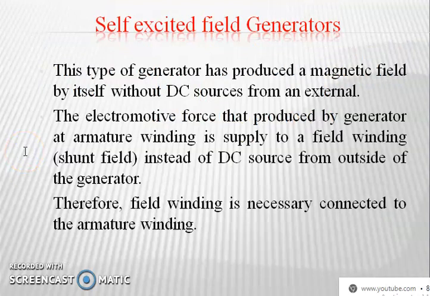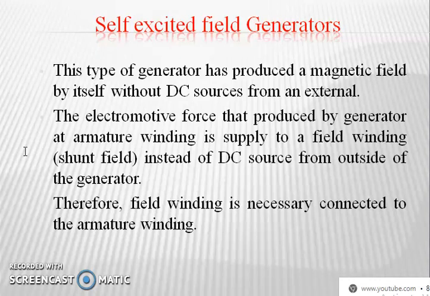In case of self-excited DC generator, the magnetic field excites by itself, without a DC source from the external side. In this type of DC generator, the excitation to the field winding is provided by the generator itself. That's why it is called self-excited DC generator. Here the EMF produced by the generator at the armature winding is supplied to the field winding, instead of a DC source from outside of the generator.